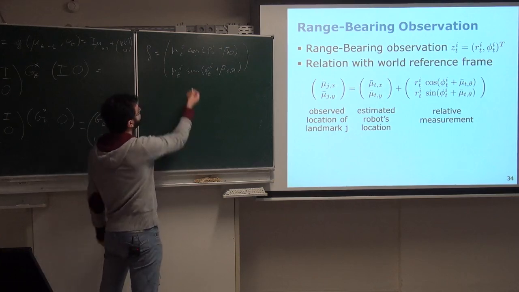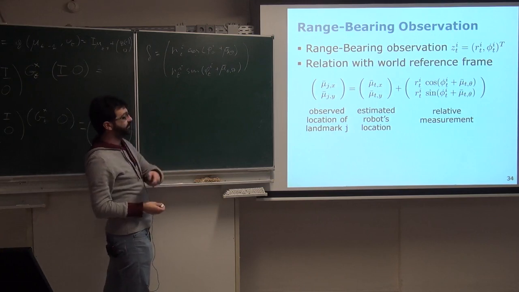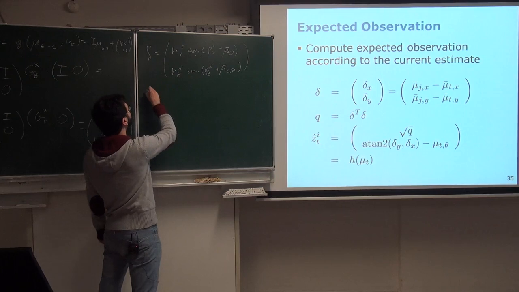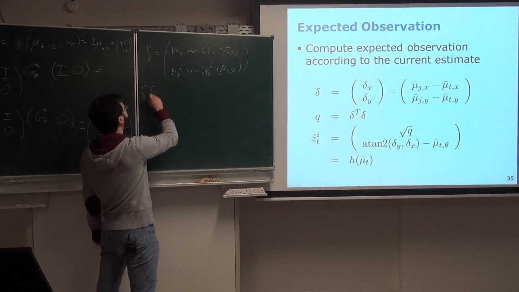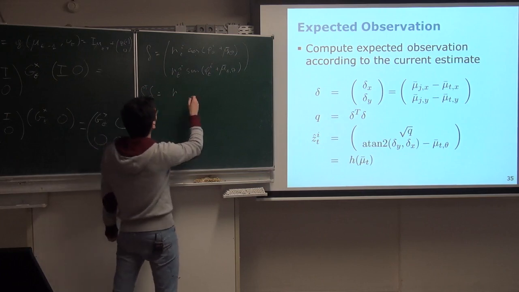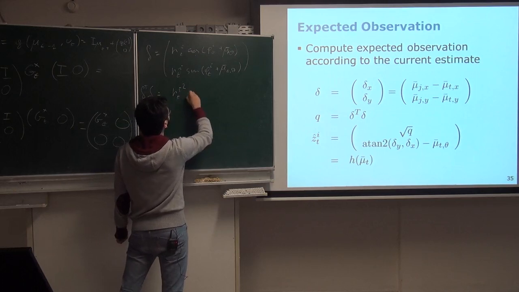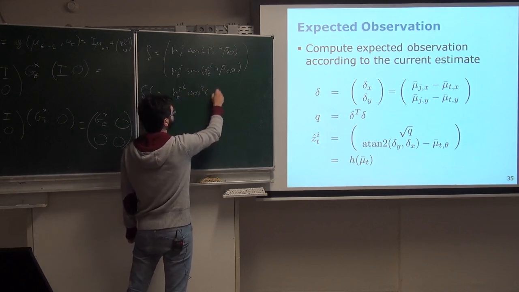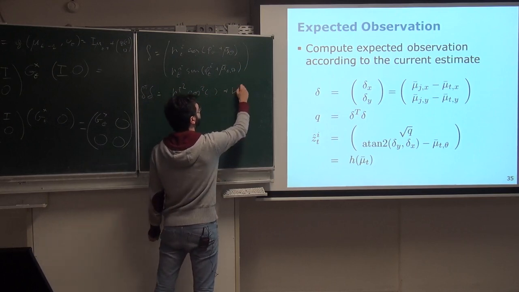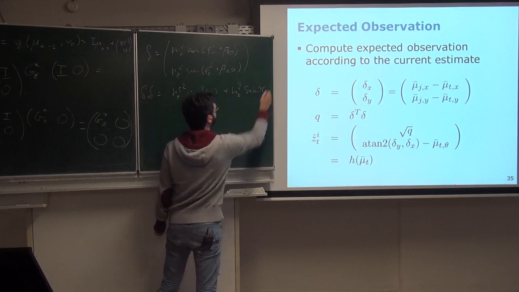And you can also see if you take this vector multiplied by itself, like it's been done here, you will end up with delta transpose delta equal to r_ti squared cosine squared plus r_ti squared sine squared.